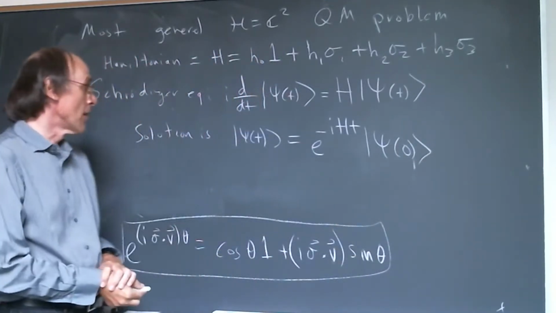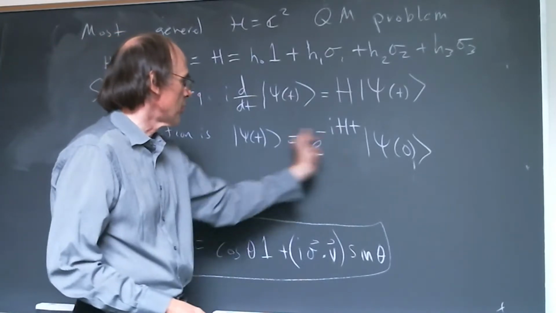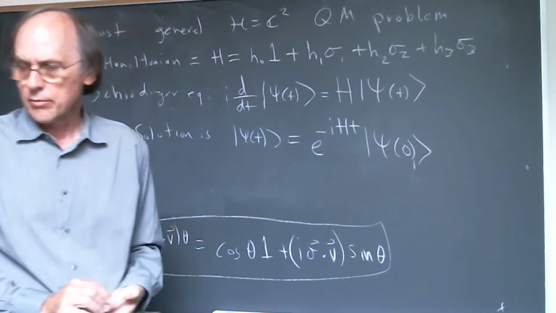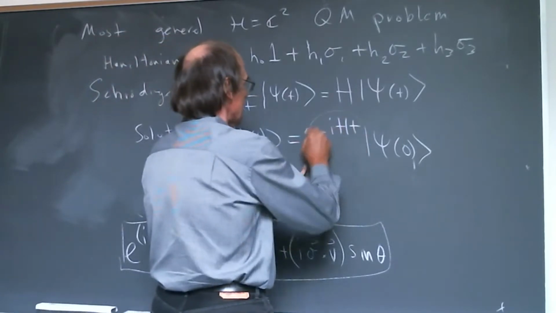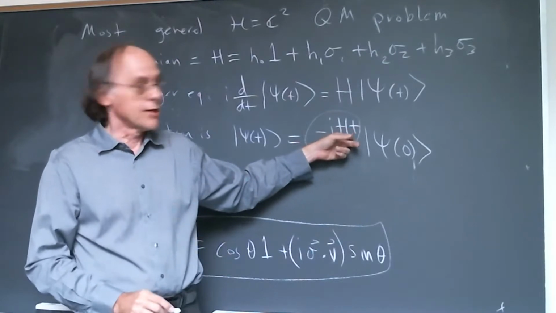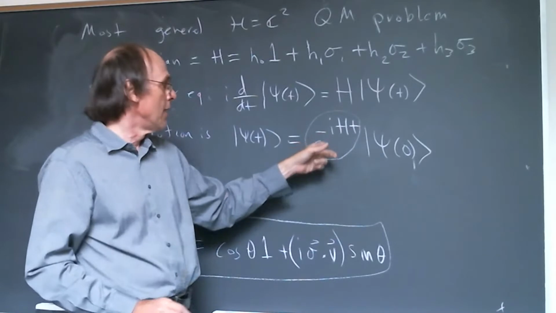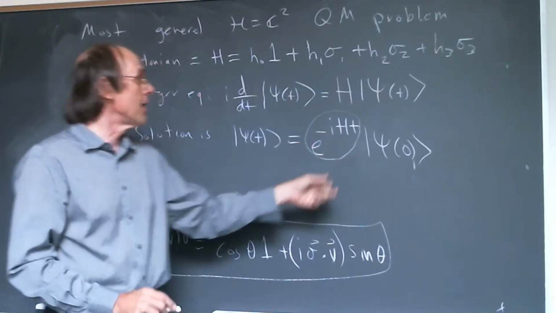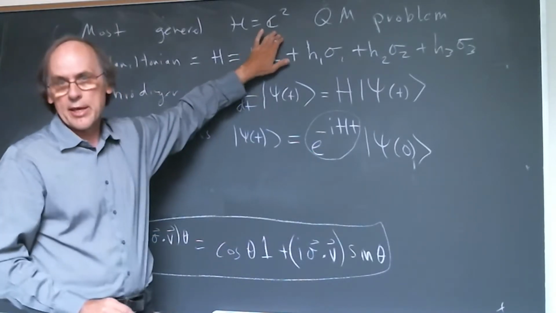So you can find the general solution just by evaluating this. Again, this H is self-adjoint. You multiply it by an i, you get something that's skew adjoint, and exponentiating a skew adjoint matrix gives you something unitary. If H0 were 0, then you would get something in SU2.